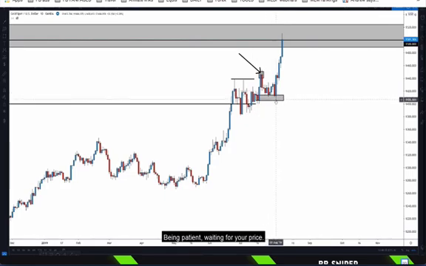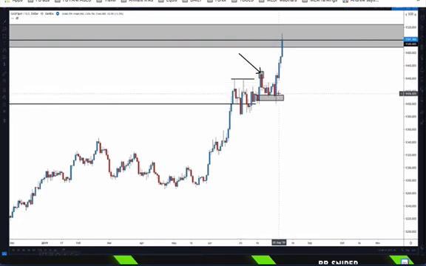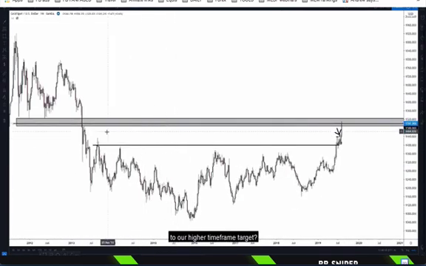Being patient, waiting for your price. Is it a coincidence that we had the market revisit 1400 one last time before expanding to our higher time frame target?